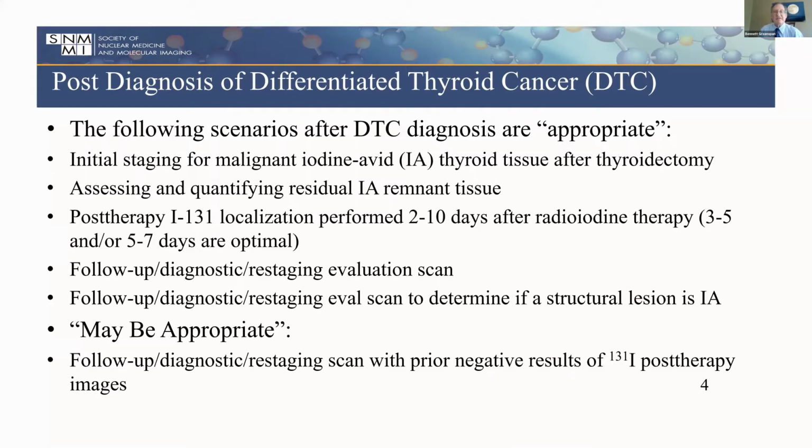Follow-up diagnostic and restaging evaluation scan to determine if the structural lesion is iodine avid. And the following may be appropriate in the intermediate category: follow-up diagnostic restaging scan with prior negative results of I-131 post-therapy images. And as you've heard from the previous lectures, there are a number of features that may mean that that's not accurate.